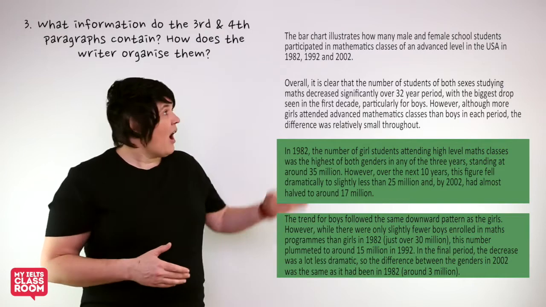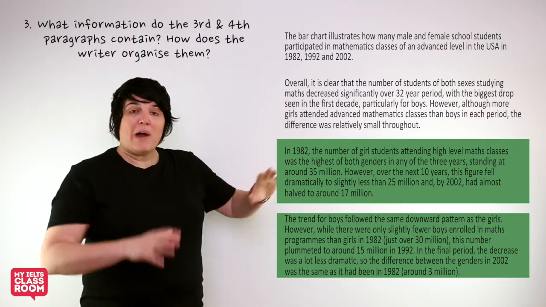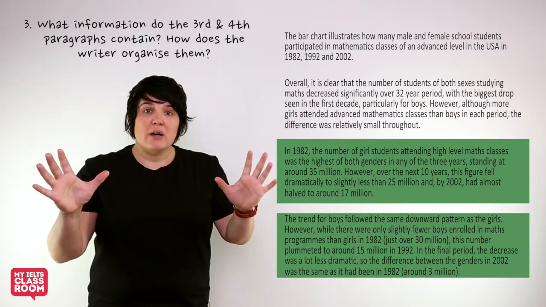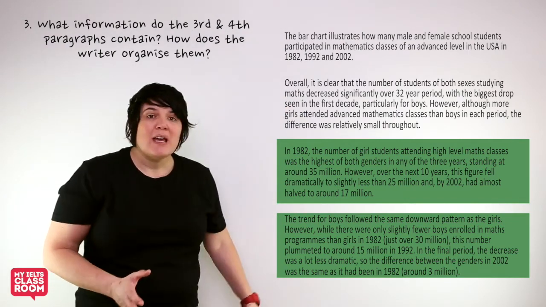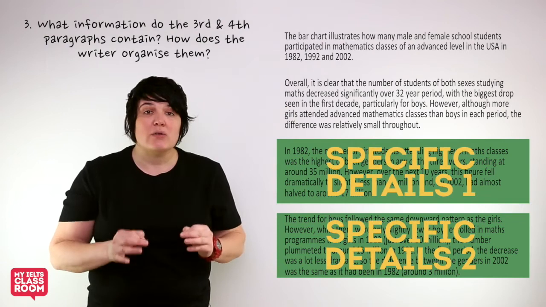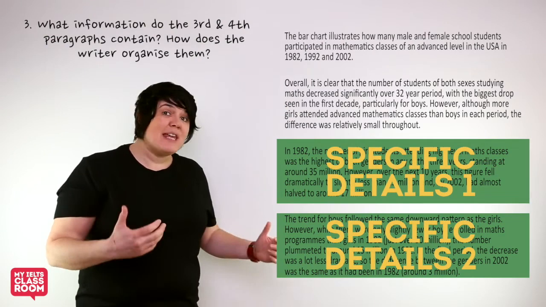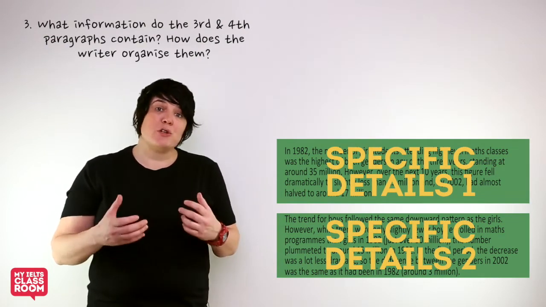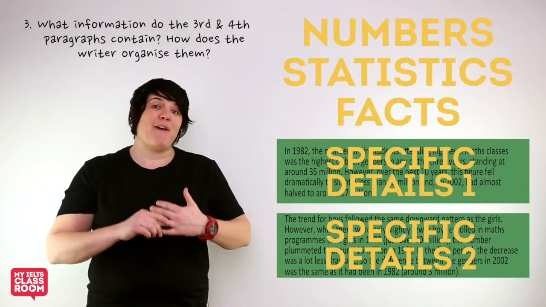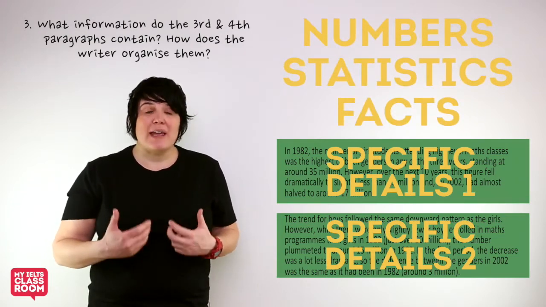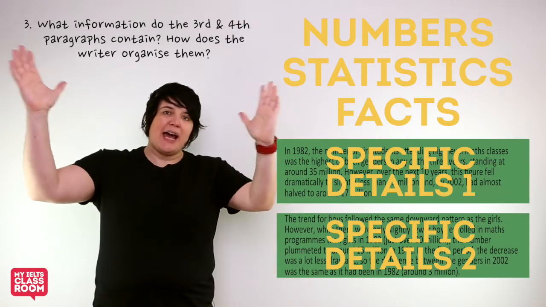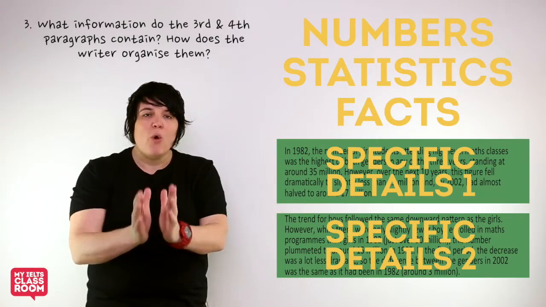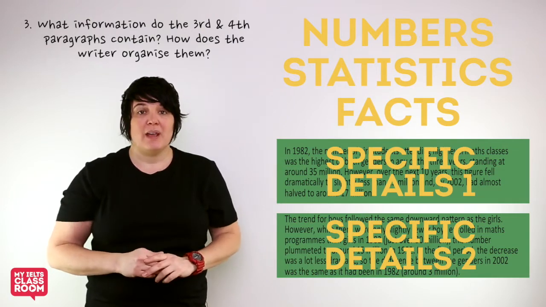You can see after our overview, where we have the general picture of the chart, our final job is just to write about the specific details of the chart. It's in these 2 paragraphs that we must use numbers or facts to support the information. We've moved from big and general to small and detailed.